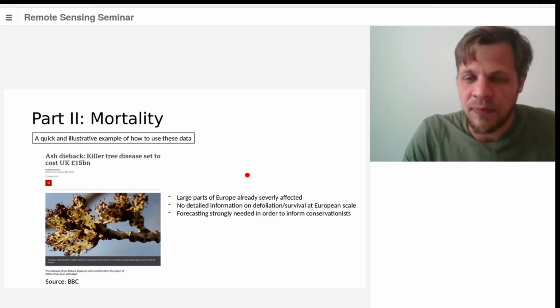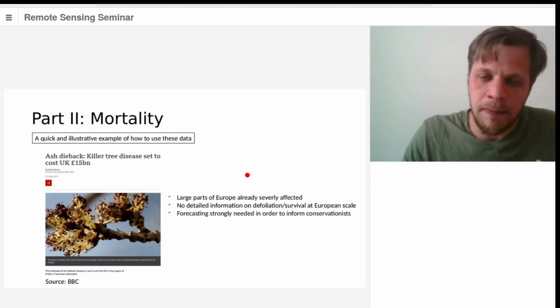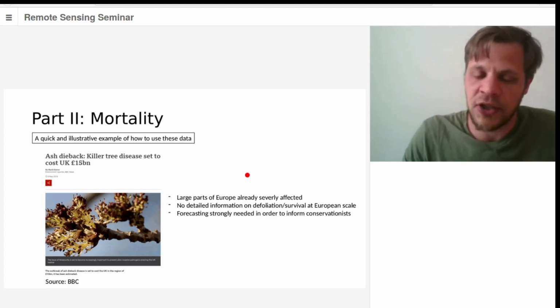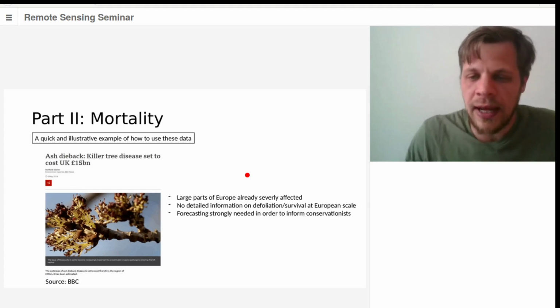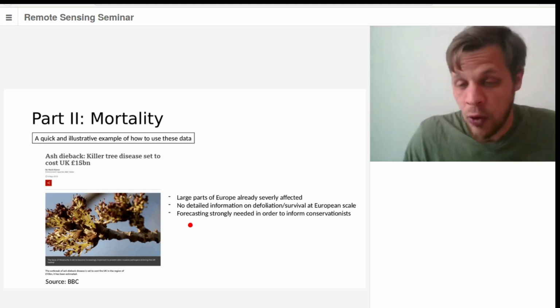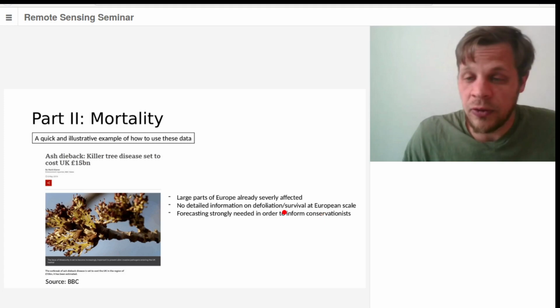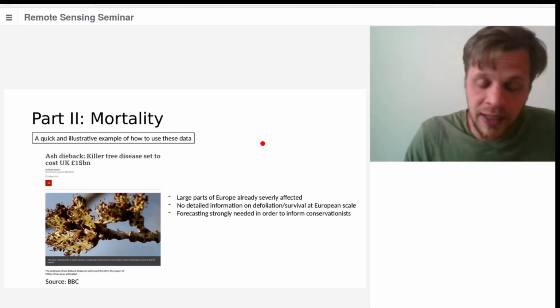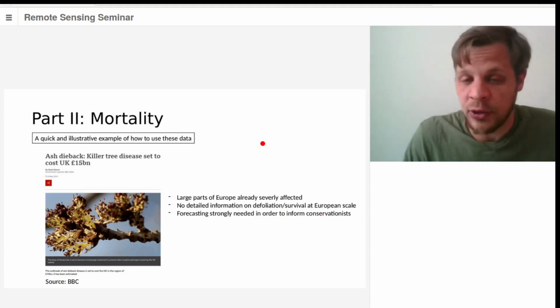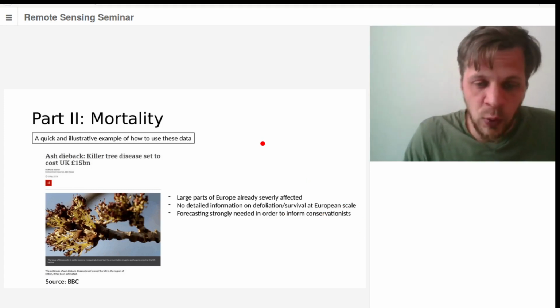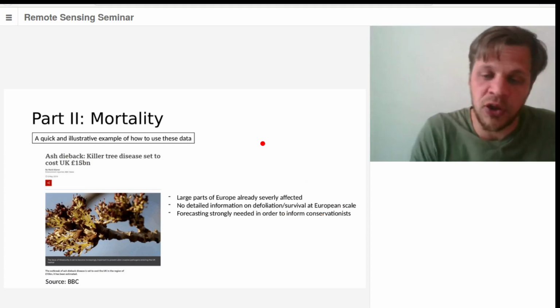And we thought it would be nice to have a European overview with consistent survey data. This could also be used for forecasting and to inform conservationists at European level where the current hotspots of mortality are, and where we can expect future mortality to occur.